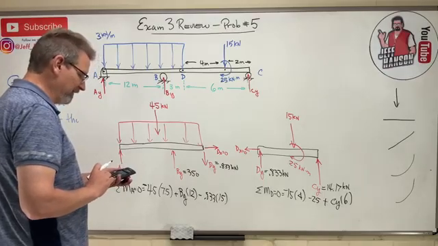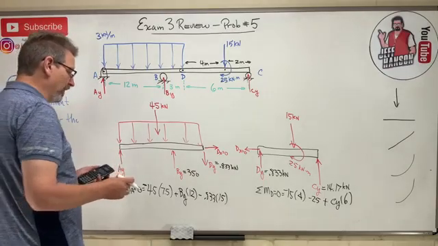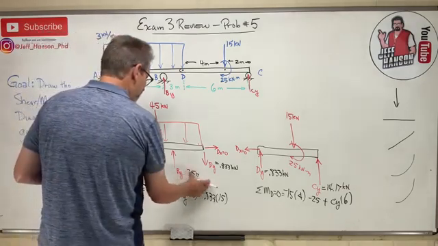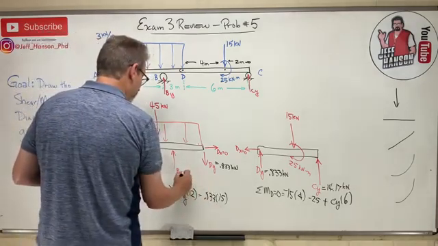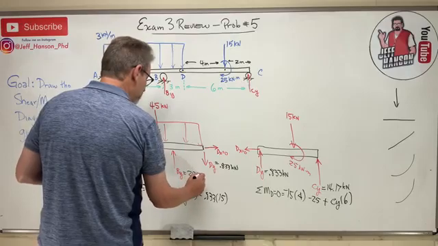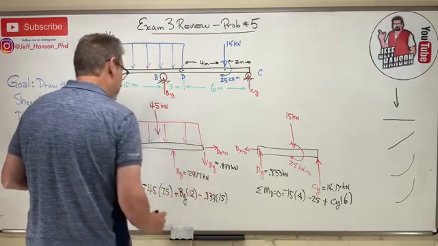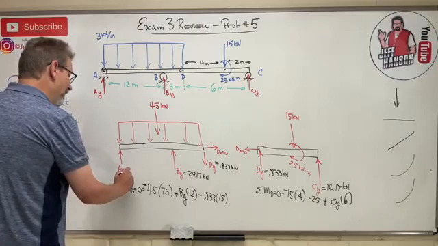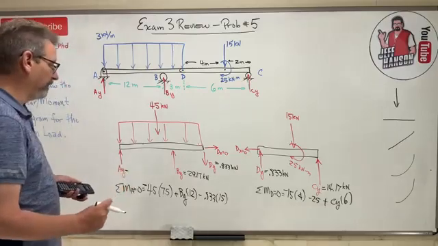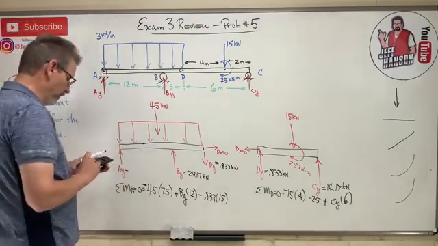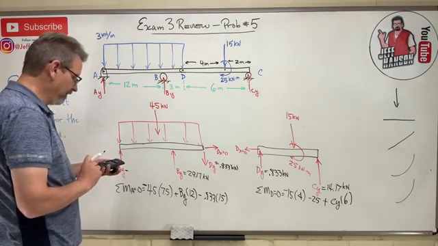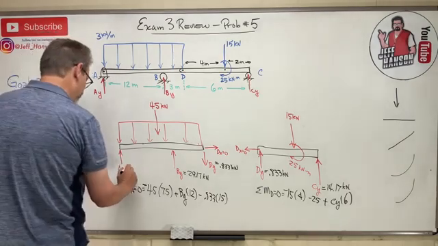I was like, that's too big. How about 29.17? Does that sound better? That was going to be a lot, wasn't it? 29.17 kilonewtons. Okay? So what does that make AY over here? Total down stuff got to equal total up stuff. That's going down, so minus 45 leaves me with 15.83.